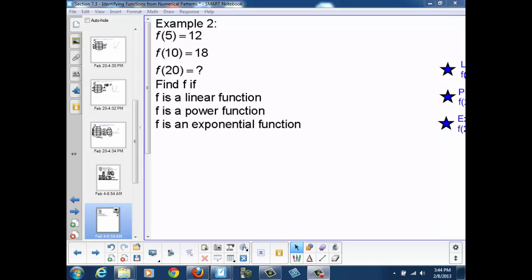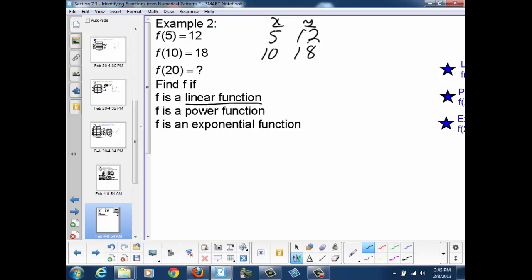For instance, if I have these points f of 5 equals 12 and f of 10 equals 18, so I have the two points 5, 12 and 10, 18 for x and y, and I know that I'm working with a linear function, then I know that my data points will have an add-add pattern.